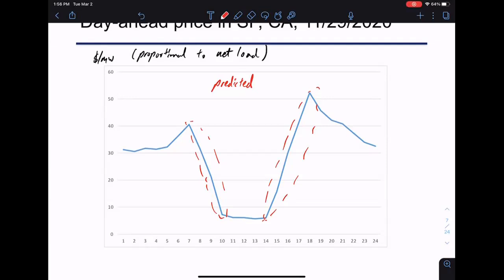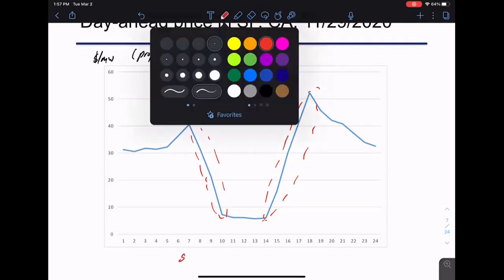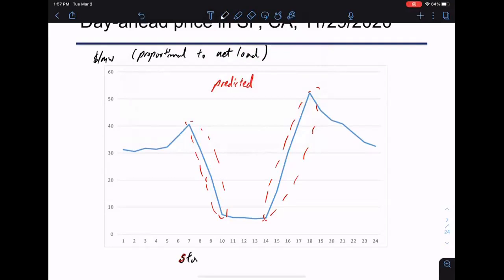So then the hope is, does storage help, right? Can we use storage? Does storage help? So these are predicted. So it's not like you have to guess what happens for your storage. The question is, can storage help? And this extends to wind as well as solar, right?